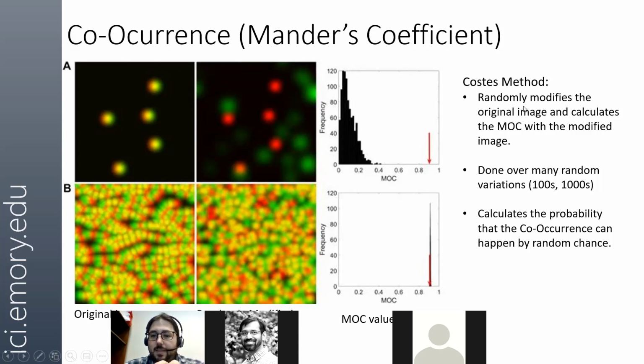This method is very computationally intensive as well. There's a way to do it with EasyColocalization, the plugin we'll get to later, but it is useful to utilize in determining Manders coefficient specifically, whether it is genuine signal or something that could happen randomly.